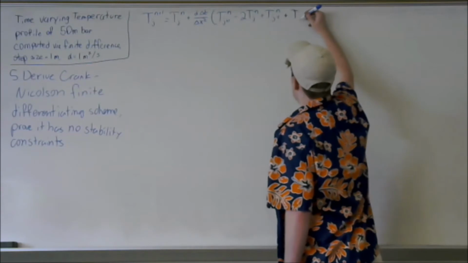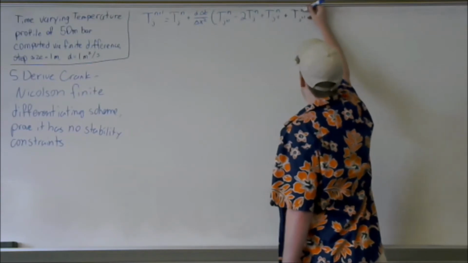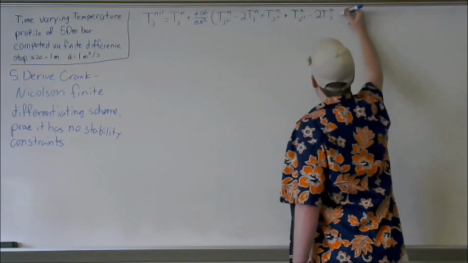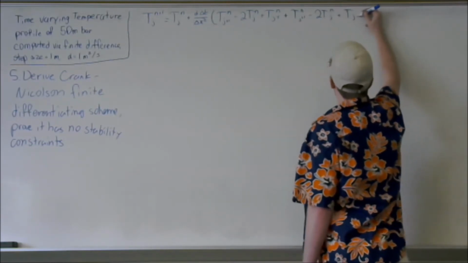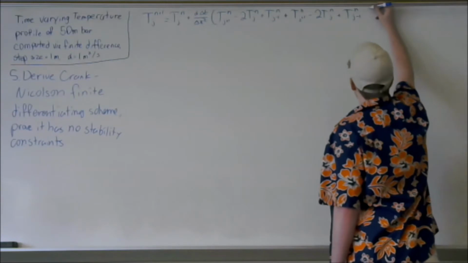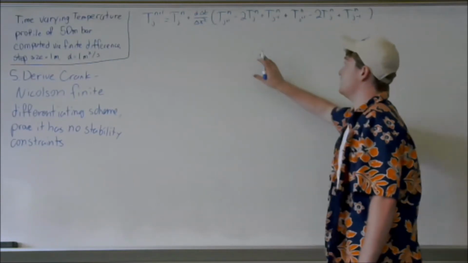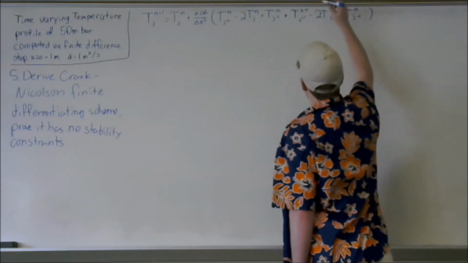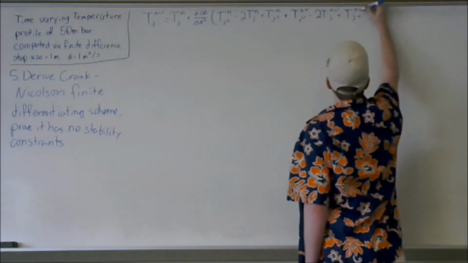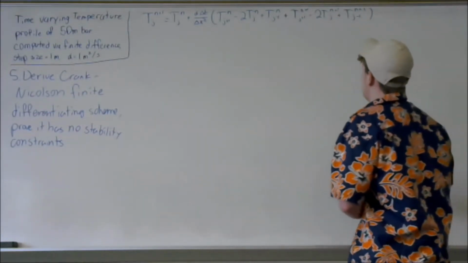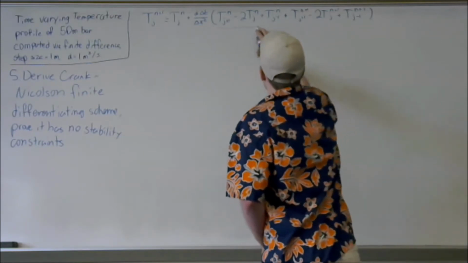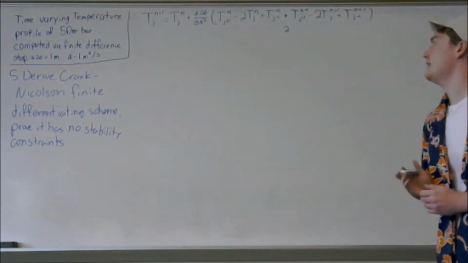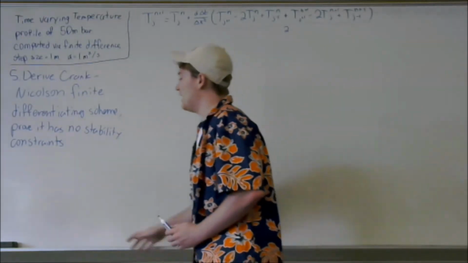I'm going to rewrite them here: T_{j+1}^n - 2T_j^n + T_{j-1}^n. But instead of at time n, it's going to be at time n+1. And then again, it's the average, so we divide all of that by 2.